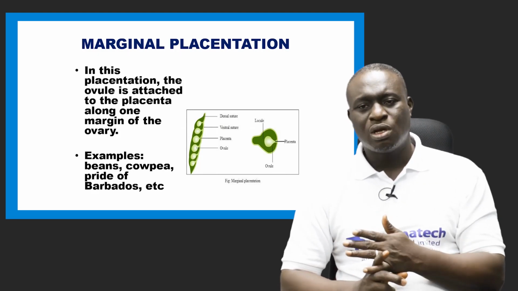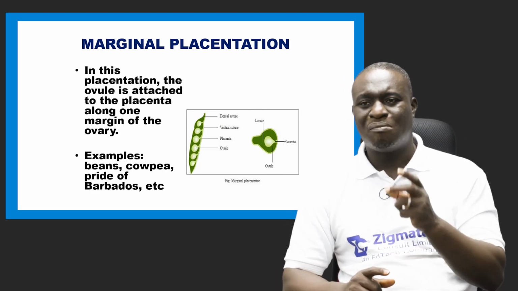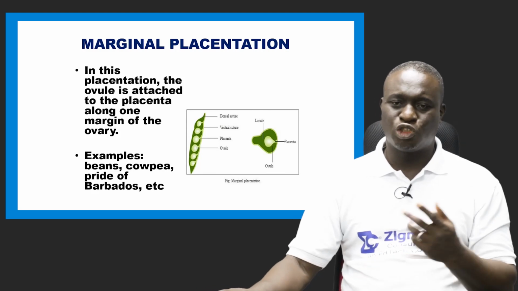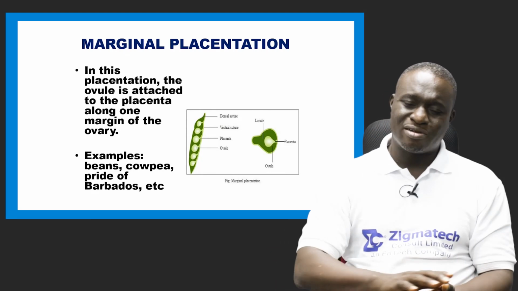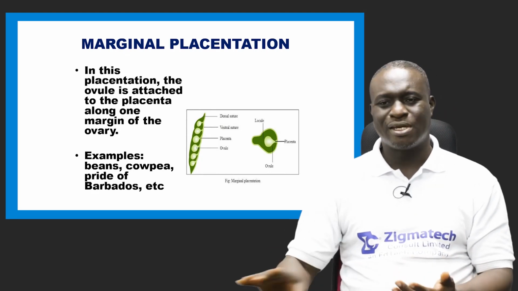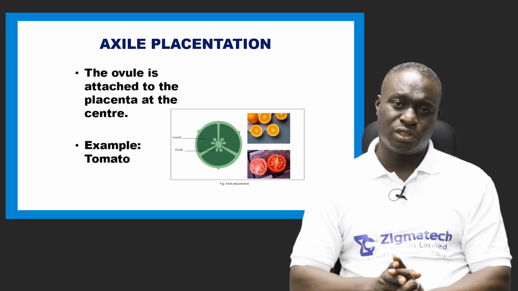We have beans, we have cowpea, we have pride of Barbados. They all have marginal placentation. Remember we said that placentation is the arrangement of the ovules within the ovary.